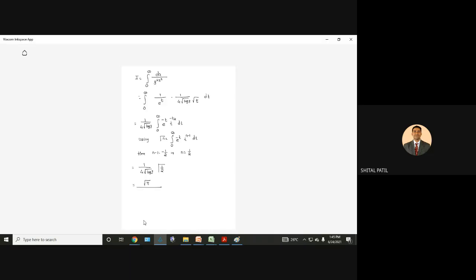Gamma half is root pi. Hope you are getting the same answer.